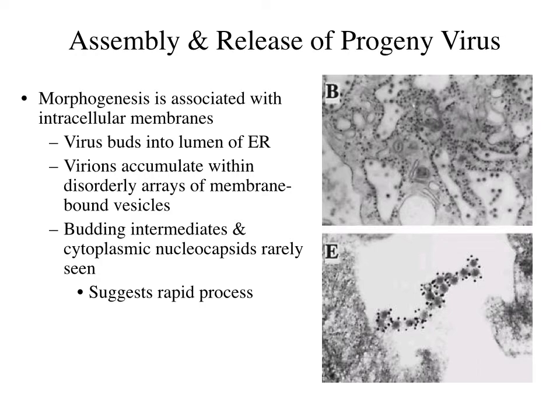This is a much more efficient, or I should say accurate, process than what we see for encapsulation for many other viruses. Nucleocapsids have not been visualized in flavivirus-infected cells, suggesting that encapsulation is rapid and/or concurrent with replication and budding.